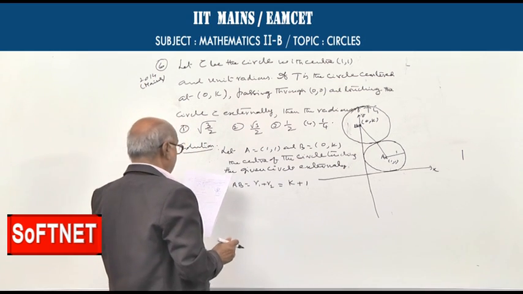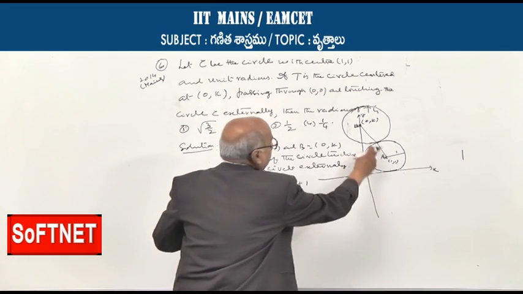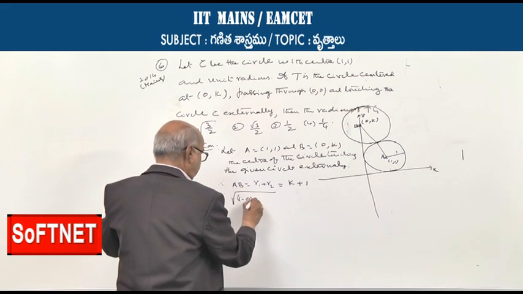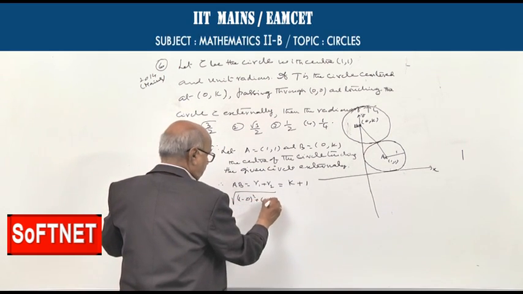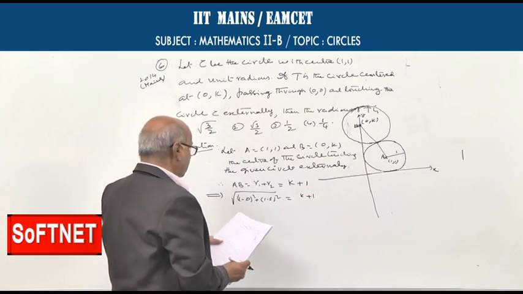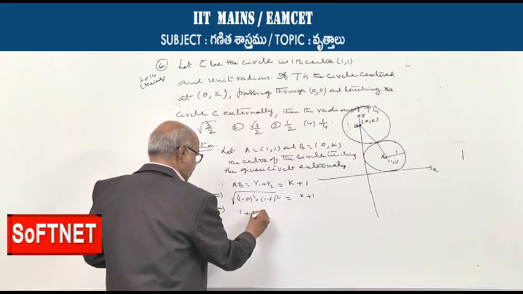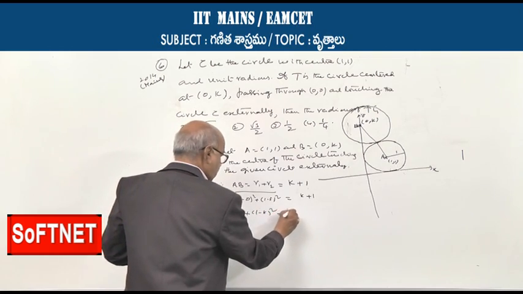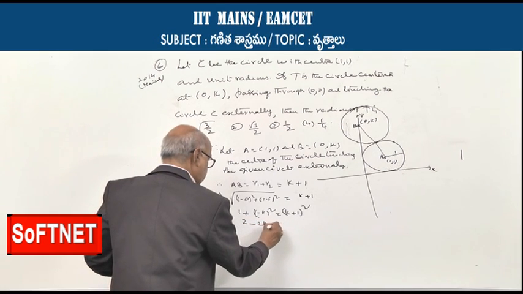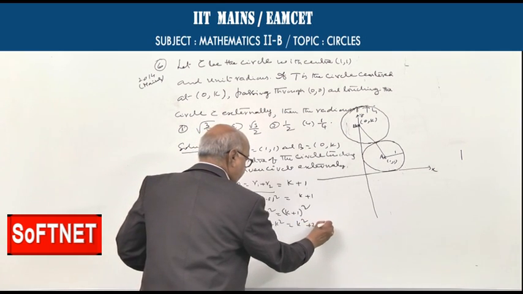But AB is equal to the square root of (1 minus 0) whole squared plus (1 minus k) whole squared, which is equal to k plus 1. That is, 1 plus (1 minus k) whole squared is equal to, so that is 2 minus 2k plus k squared is equal to k squared plus 2k plus 1.